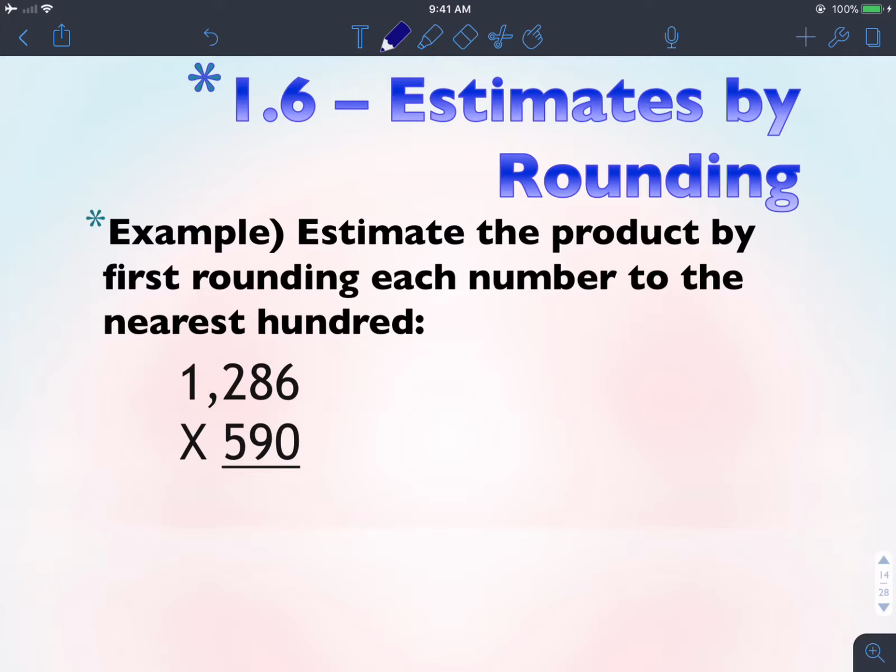We're almost there. Hang in there. Estimate the product by first rounding each number to the nearest hundred. Please notice, don't go for the calculator. You've got to round it first. 1,286 to the nearest hundred.